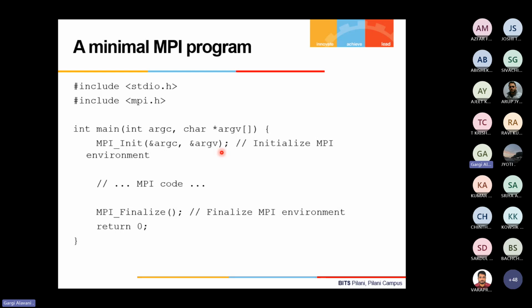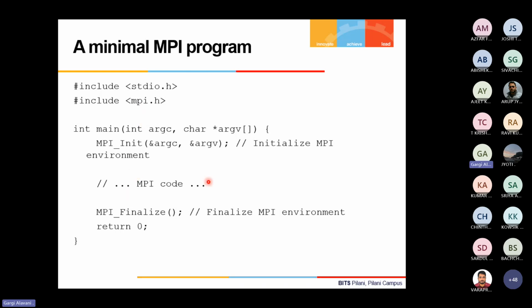So the minimum MPI code will look like this. Here, as you can see, the first function is MPI_Init. This is very important. Whenever you start an MPI program, this is a critical step where the init function initializes the MPI environment. And if you have noticed, along with stdio.h, we have included the header file mpi.h.